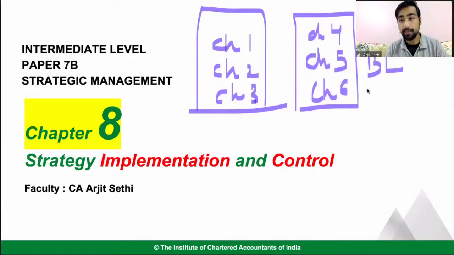In chapter number 6 we did functional level, right? We were studying functional level strategies. What is the finance strategy, what is the marketing strategy, logistics, supply chain, what is R&D, what is HR, what are the different functions?